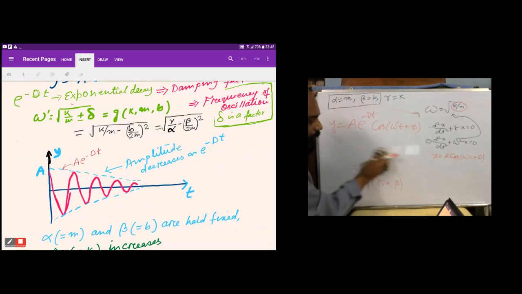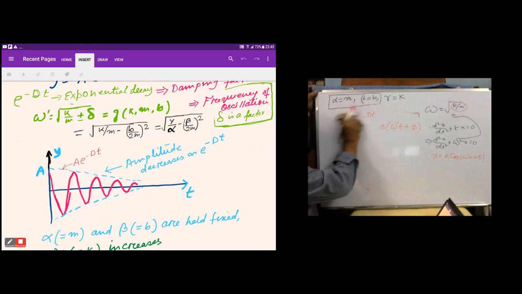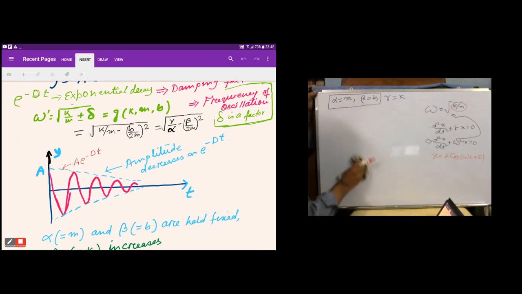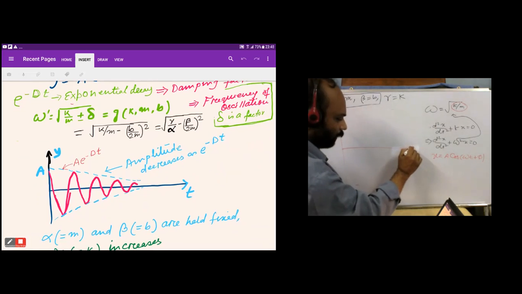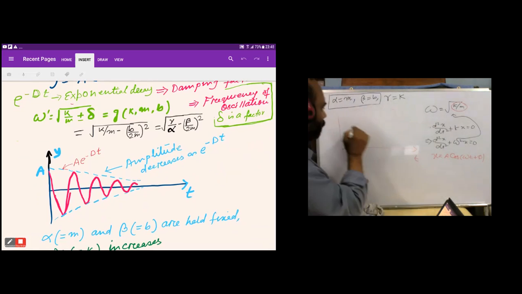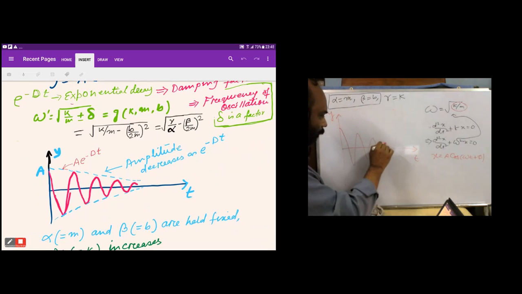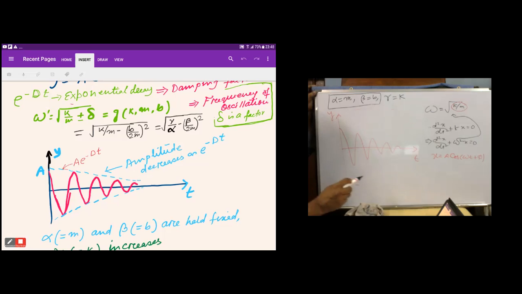So since this is a damped oscillating system, naturally the amplitude will decay. So my y-axis is the amplitude, x-axis is my time. With time it will decay. So it will start from maximum and decays down.